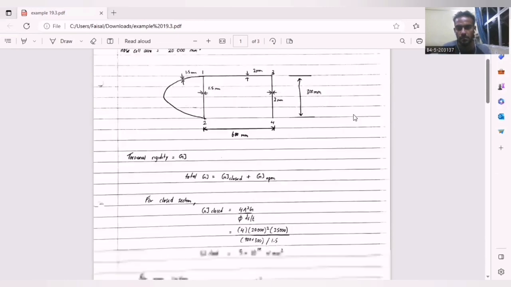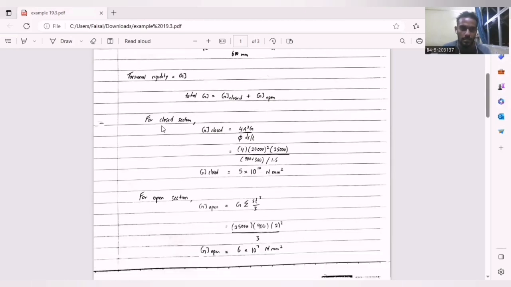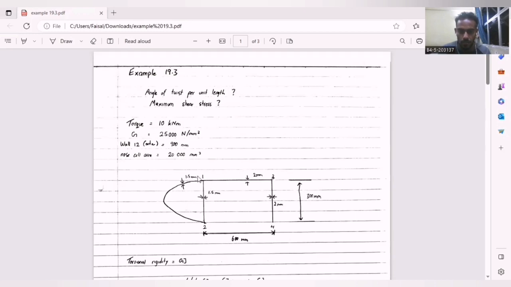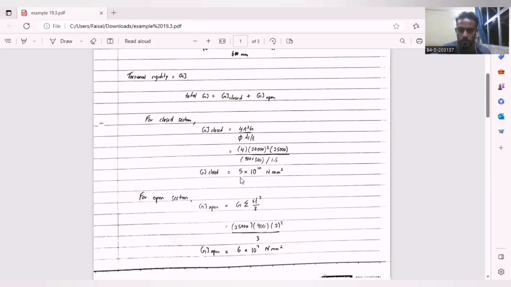First of all, to find the angle of twist, we have torsional rigidity, which is GJ. The total torsional rigidity is for the closed section and the open section. For the closed section, we find the torsional rigidity using the formula given here. We insert the values from the question, 900 and 300, and we get the value for the closed section here.